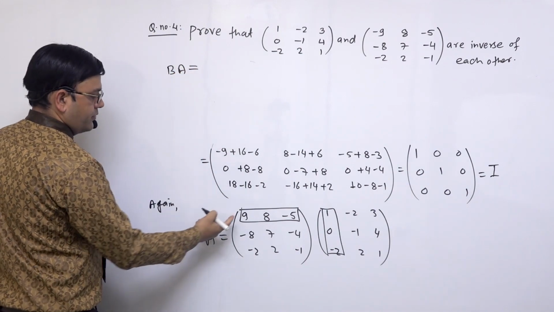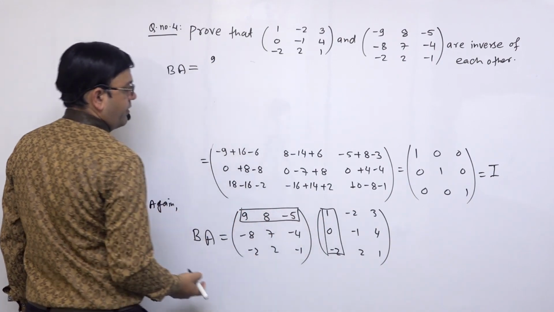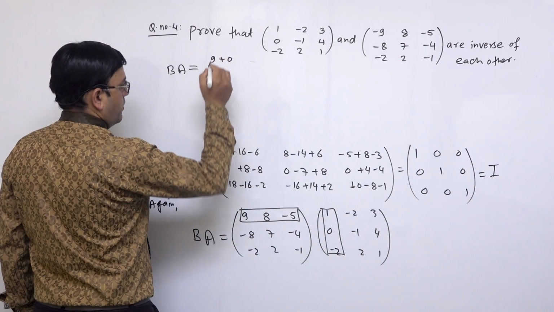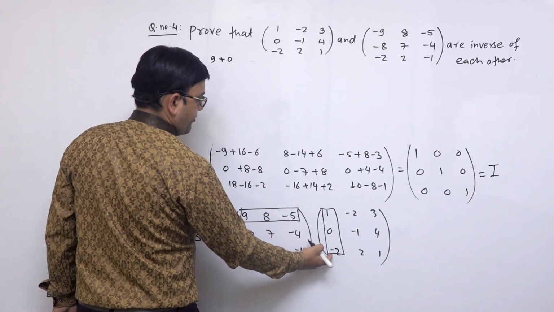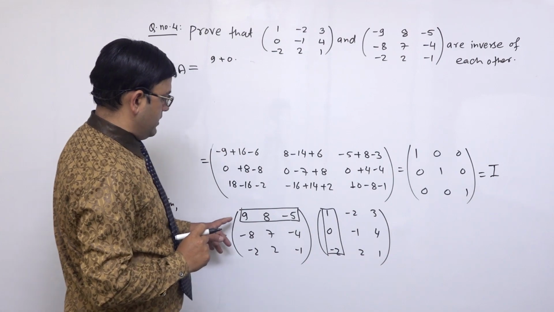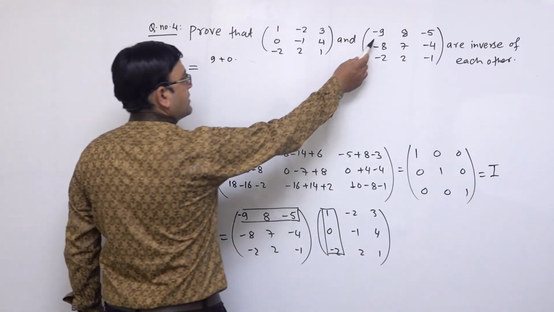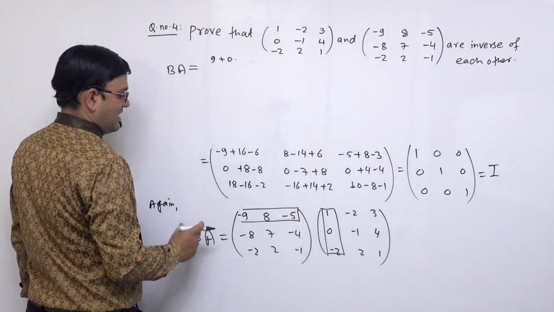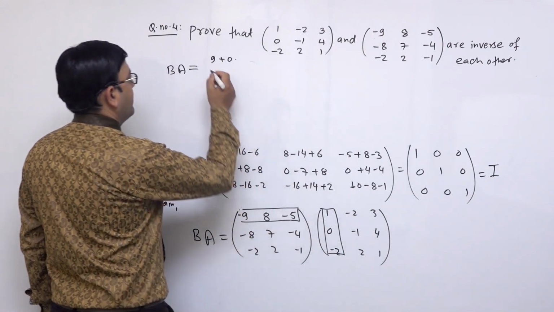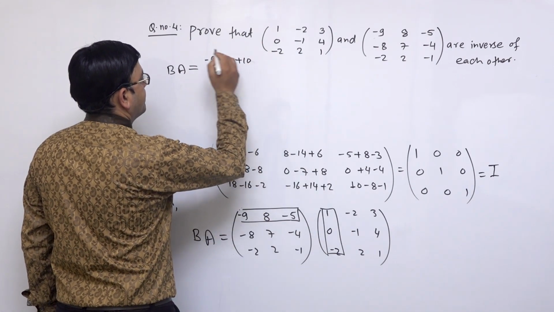BA is equal to 9 times 1 is 9, 8 times 0 is plus 0, and then 5 times 2 is plus 10. Here is minus 9, so here also we need minus 9. So minus 9 times 1 is minus 9, and then minus 5 times 2 is plus 10.